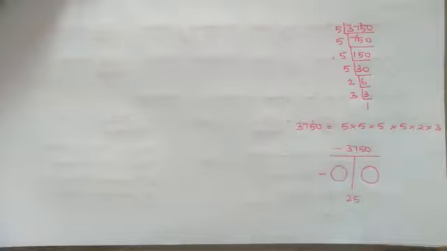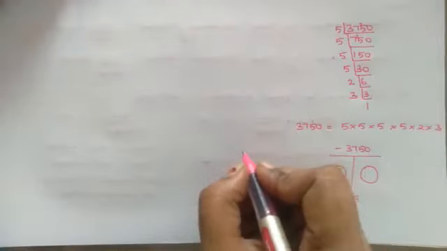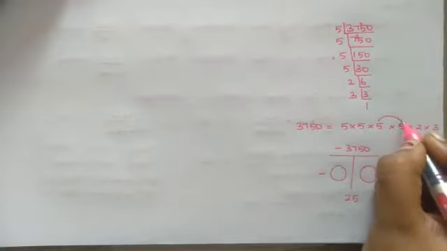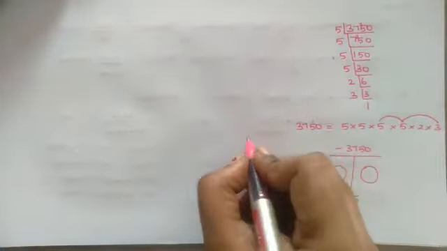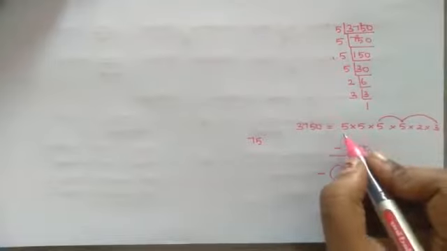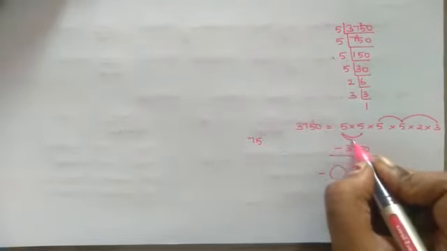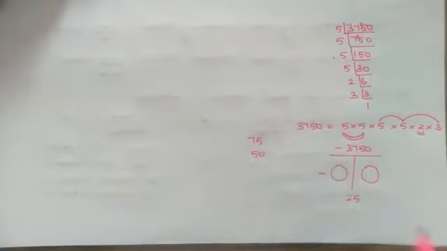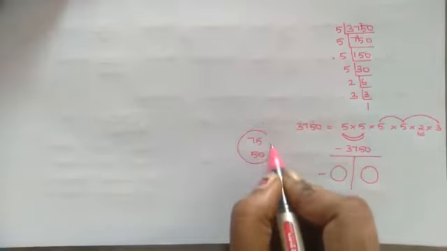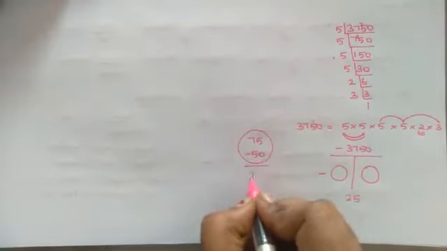Checking each and every possibility, we get these two numbers: 5 into 5 is 25, 25 into 3 is 75, then 5 into 5 is 25, 25 into 2 is 50. If we subtract these two numbers, we get 25.